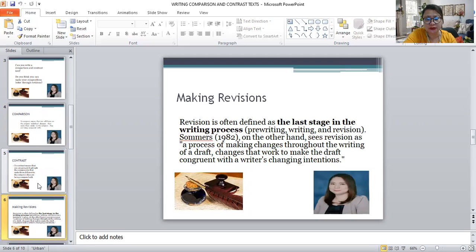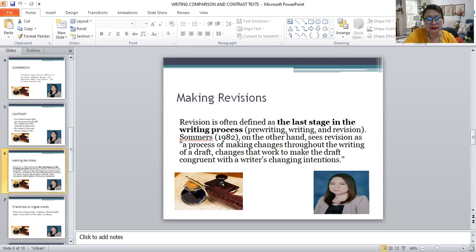Summers, 1982, on the other hand, sees revision as a process of making changes throughout the writing of a draft, changes that work to make the draft congruent with a writer's changing intentions. That is according to Summers.